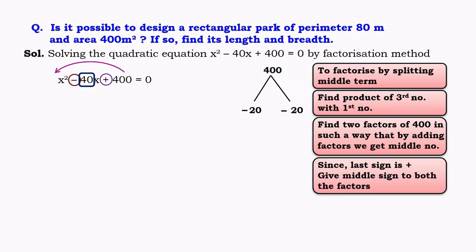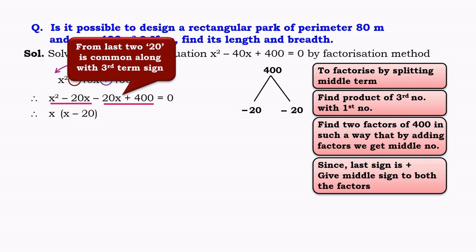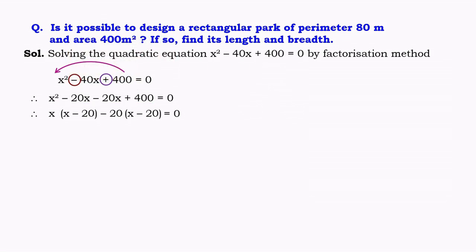Therefore, x square minus 40x plus 400 equals 0 can be written as x square minus 20x minus 20x plus 400 equals 0. Taking common factors from the first two terms and the last two terms, we get x multiplied by the quantity x minus 20 minus 20 multiplied by the quantity x minus 20.